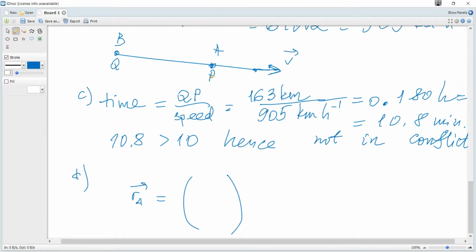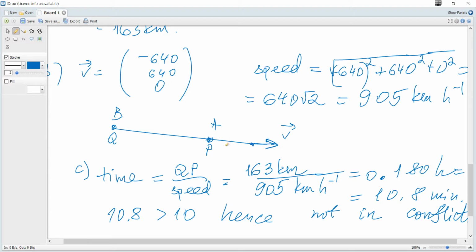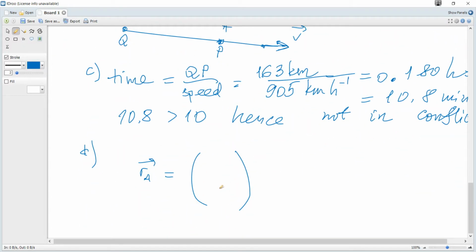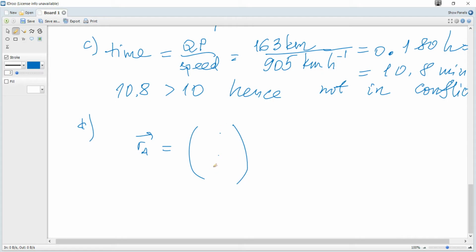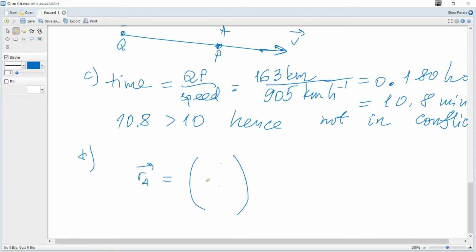For A it's point P, and since the position vector is required, it's the coordinates of the point P minus the coordinates of the origin. But since the origin is 0, 0, 0, we get the same numbers as for just a point, but they are the coordinates of a vector, and the numbers will be the same.